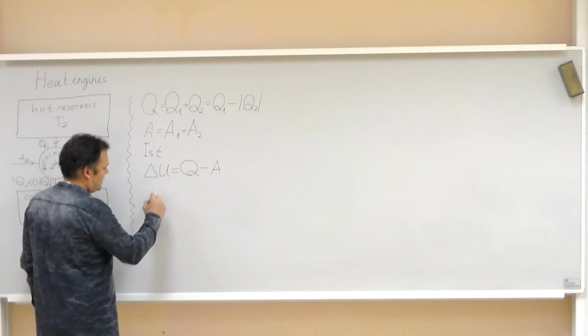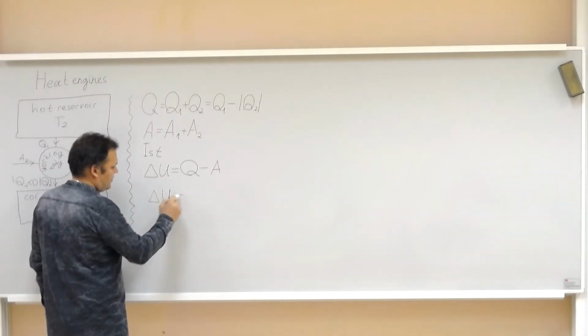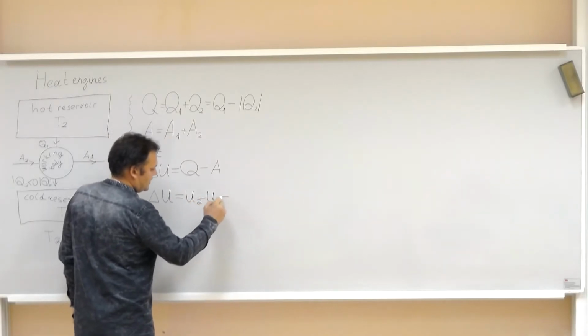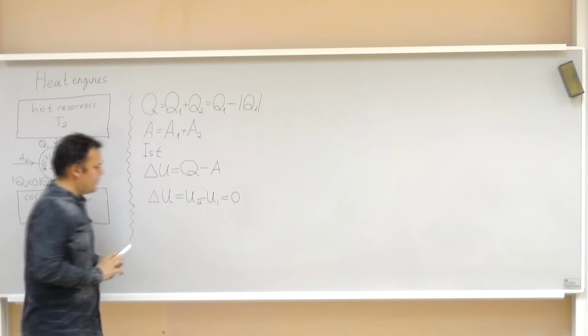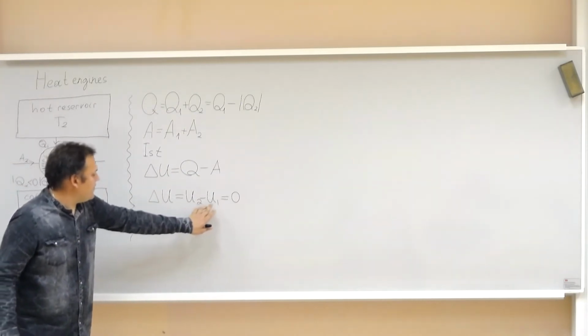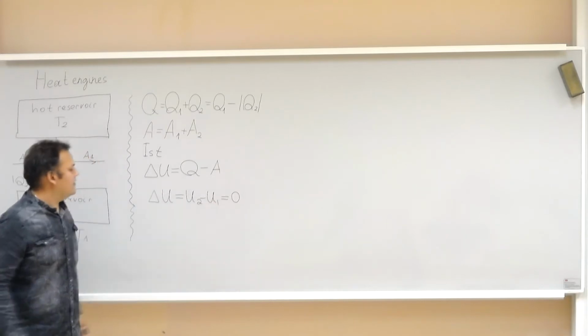So delta U equals U2 minus U1, and this is 0, because U in the final and initial states are equal.